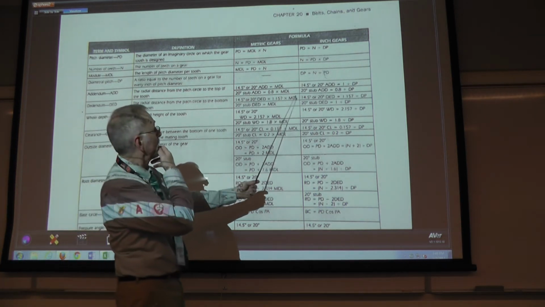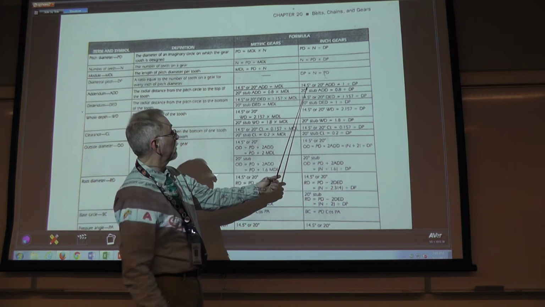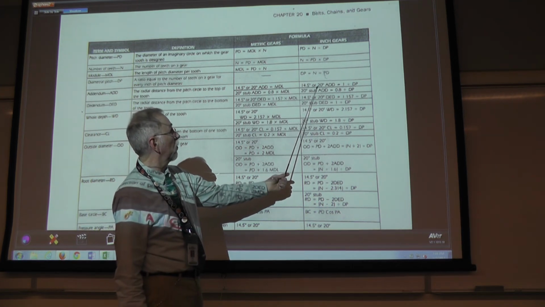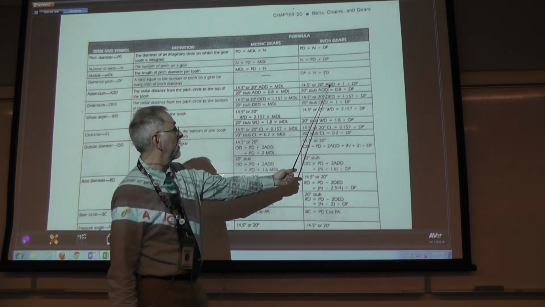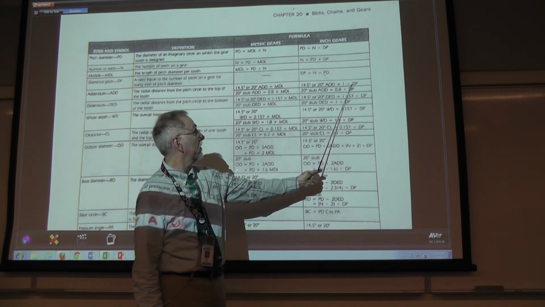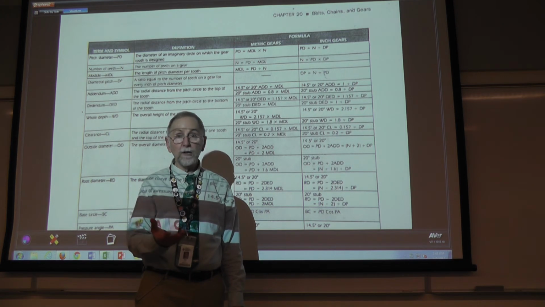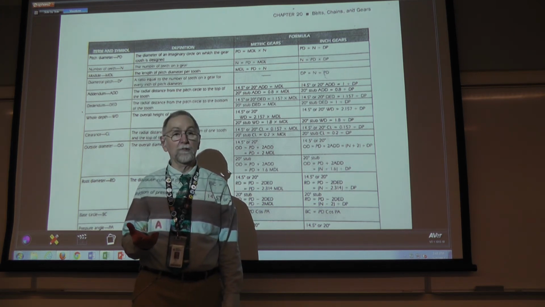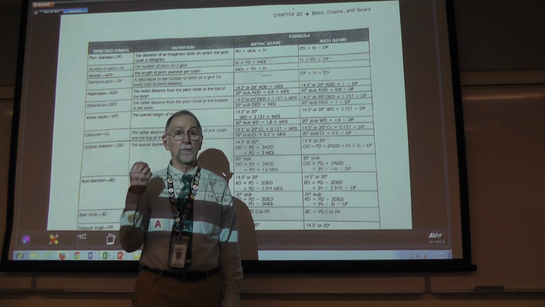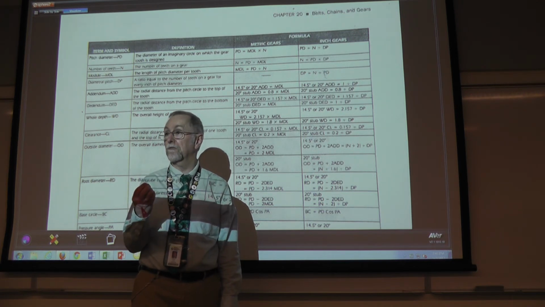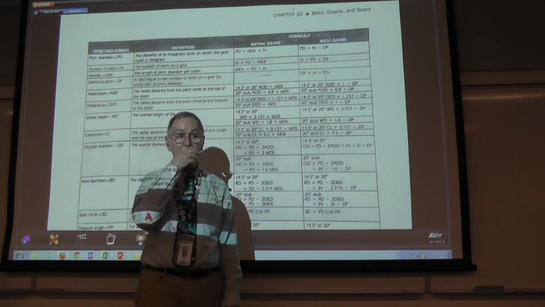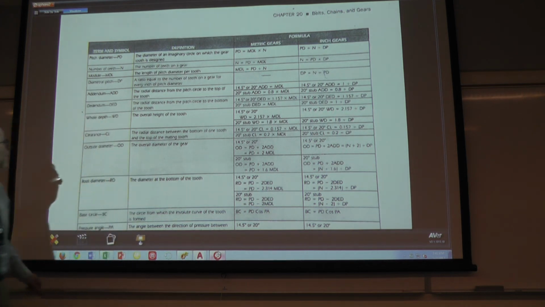The addendum, if it's a 14.5 degree or a 20 degree, is equal to 1 divided by the diametral pitch. They're fairly easy formulas to calculate. You basically go, oh, this is the information that I need, I'm going to plug it into the formula and come up with an answer.